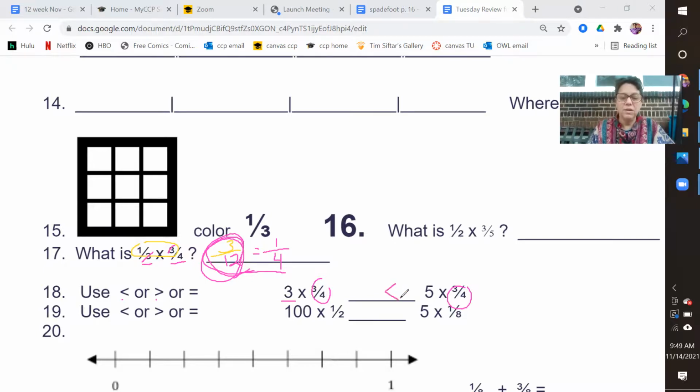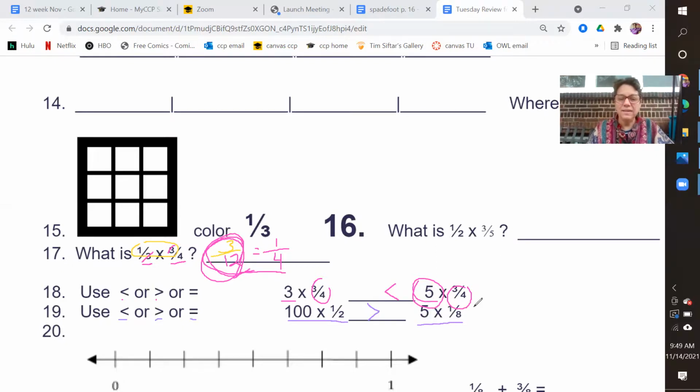And again, put the big side, the open side, next to the big number. Sounds good, right? Okay, same thing here. Less than, greater than, or equal to. 100 is a big number and 5 is not so big. So we don't even have to do the math. We can just estimate and say 100 is bigger than 5.